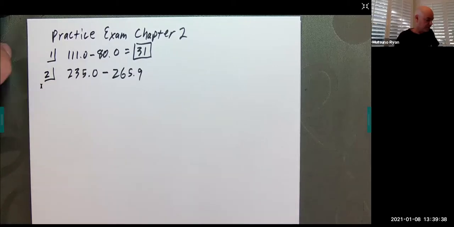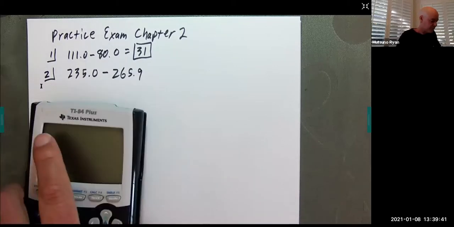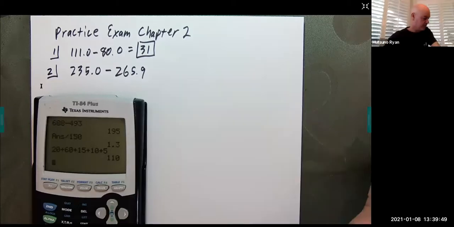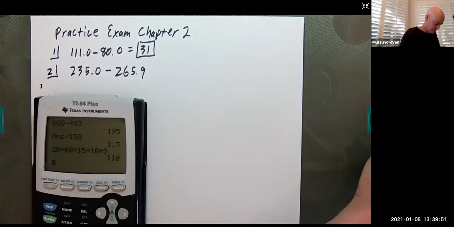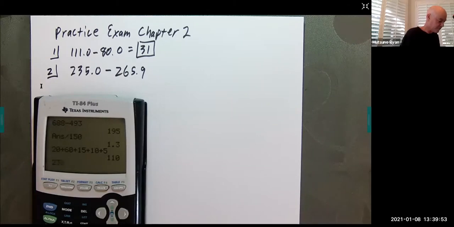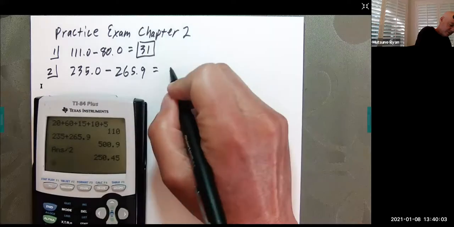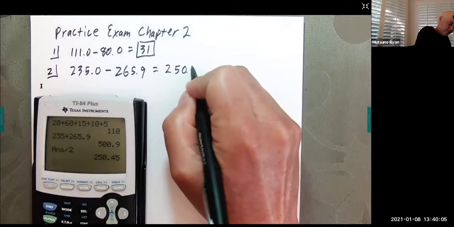And the way you figure that out is I add up the two and divide by 2. Basically, I'm finding the mean of the class. So 235 plus 265.9 divided by 2. And that gives me 250.45.